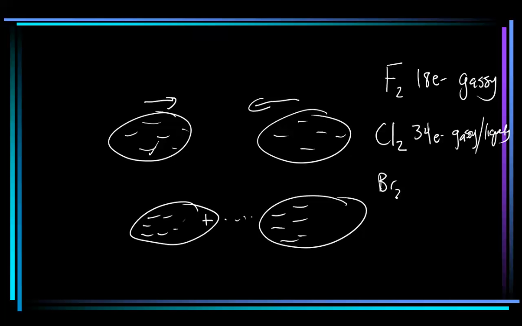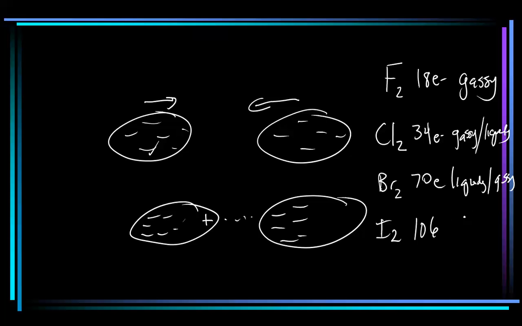Bromine is 35. 2 of them is 70. This is a liquidy, gassy type molecule. So what's happening to the forces holding it together compared to the others? Stronger.